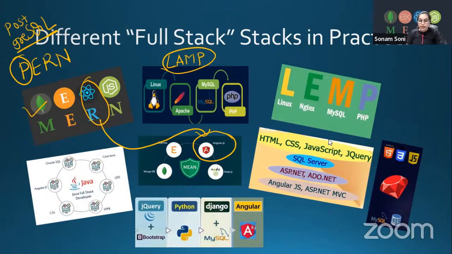Like see, right now I can play the role of a MERN stack developer, MEAN stack developer, PERN stack developer, Java full stack developer, .NET developer, but step by step. I started with Java, then MERN, then MEAN, then .NET, like that. Okay, so at a time you cannot learn everything.